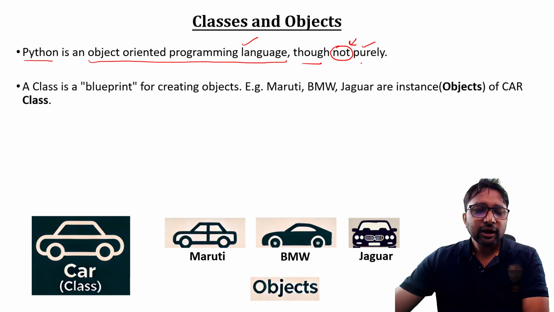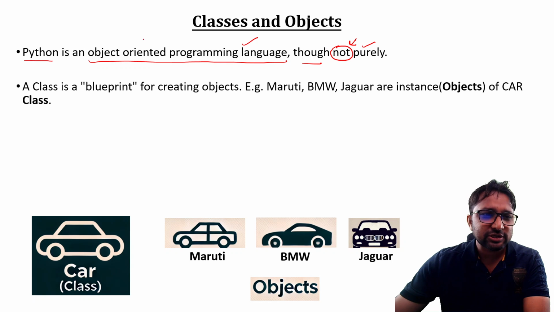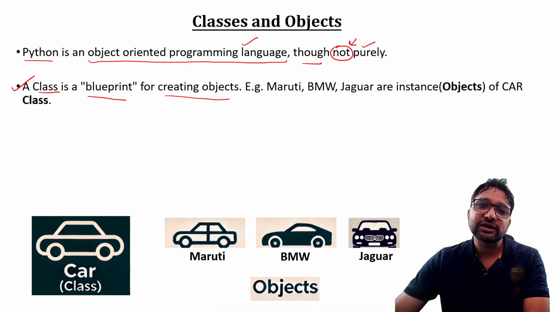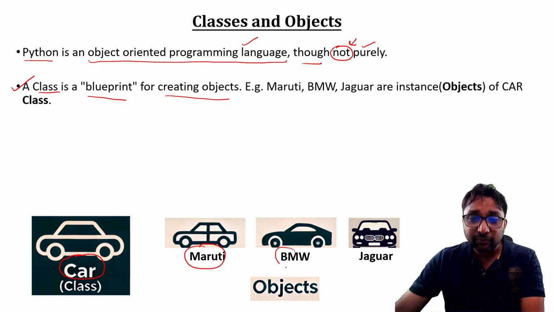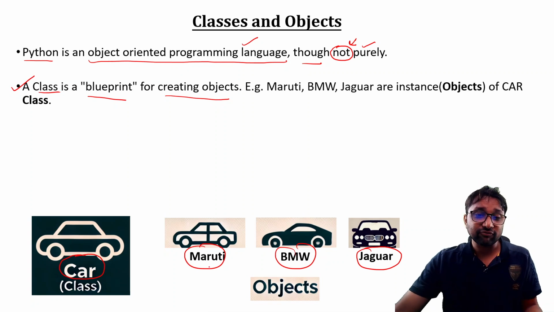Another important point about classes and objects is the definition of a class. A class is the blueprint for creating objects. For example, car is a blueprint, and Maruti, BMW and Jaguar are the instances of this class.